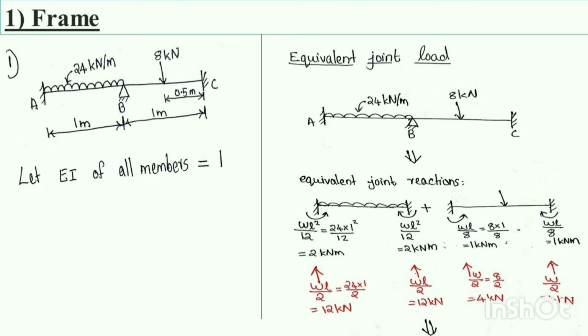When a point load is acting, the fixed end moments will be WL by 8 and fixed end reactions will be W by 2. Therefore, WL by 8 is 8 into 1 by 8, which is equal to 1 kN meter, and W by 2 equal to 8 by 2, which is equal to 4 kN. Thus, in span BC, the fixed end moments will be 1 kN meter and fixed end reactions will be 4 kN at B and C.